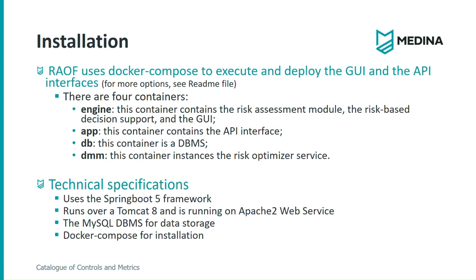The main engine contains the risk assessment module, the risk-based decision support, and the graphical user interface. Another container is specific for the API. The third one is for the database that contains data, and the risk optimizer has its own fourth container.